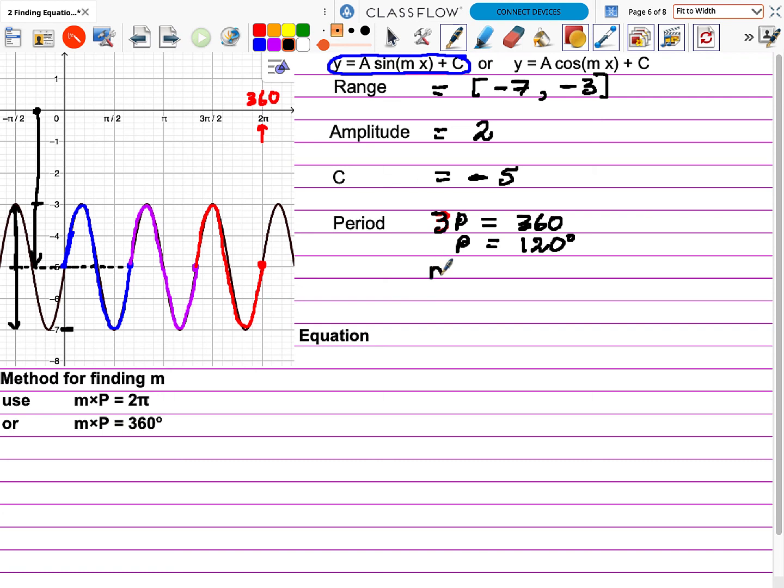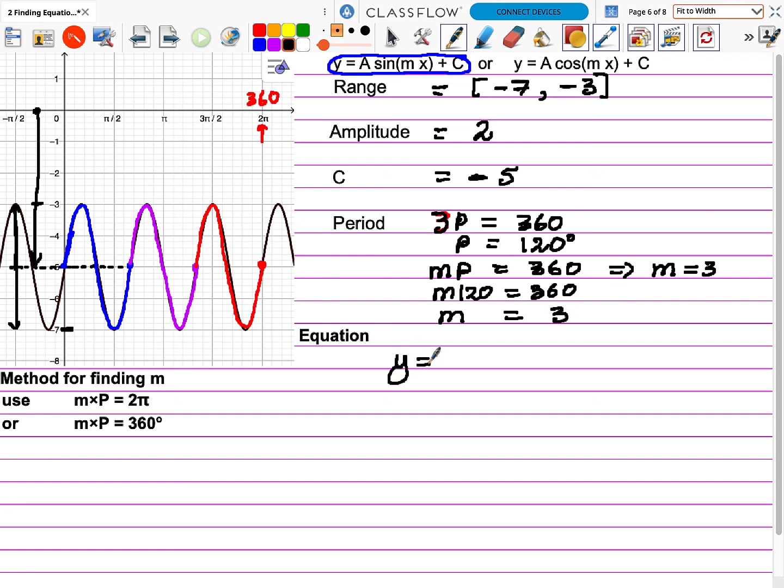We can now use the formula MP equals 360. And at this point, you should have spotted that M is clearly equal to 3. If unfortunately you don't spot that, then you're going to be doing extra work, putting in 120, then dividing both sides by 120 and getting 3 two lines later.